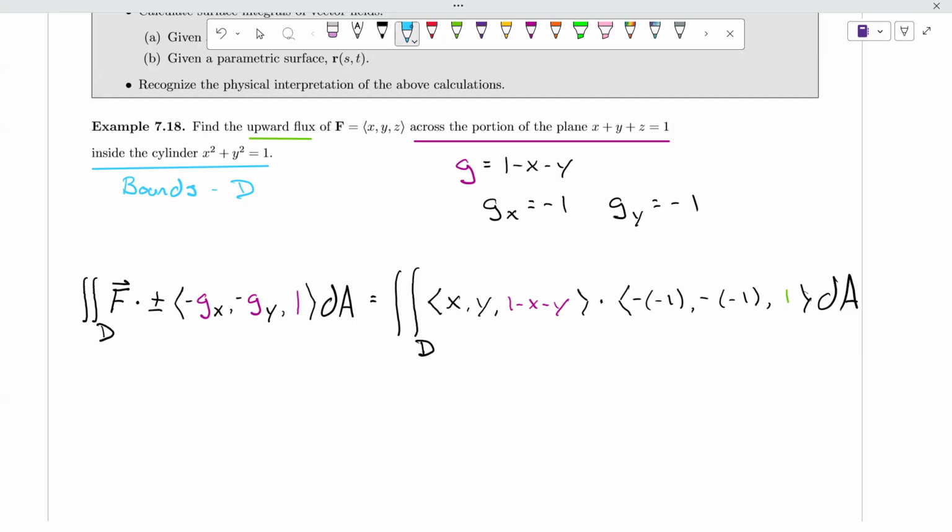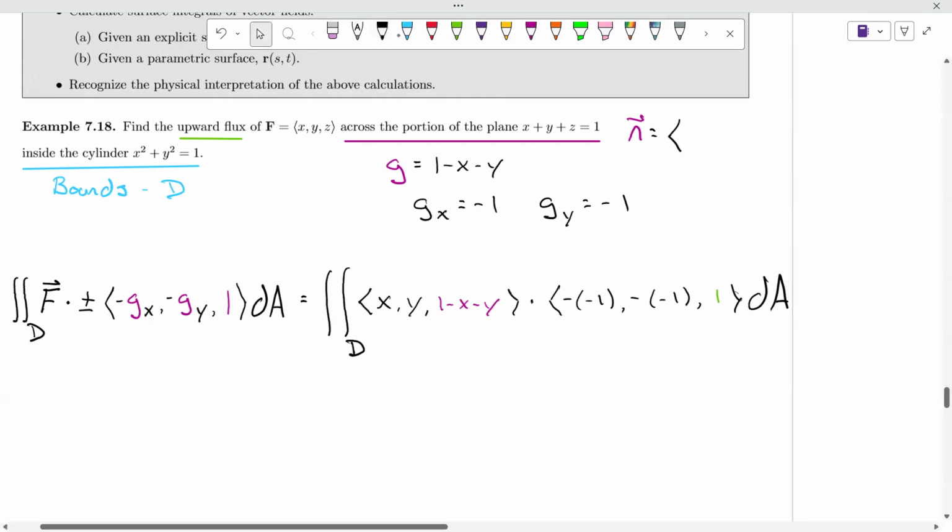Also, maybe just as a quick aside, I don't really think we needed a fancy formula to find our normal vector this time, since we just have the equation of a plane. Don't forget, if I have the equation of a plane, I can read its normal vector directly from the equation. This thing is x plus y plus z equals 1, so that normal vector is 1, 1, 1.